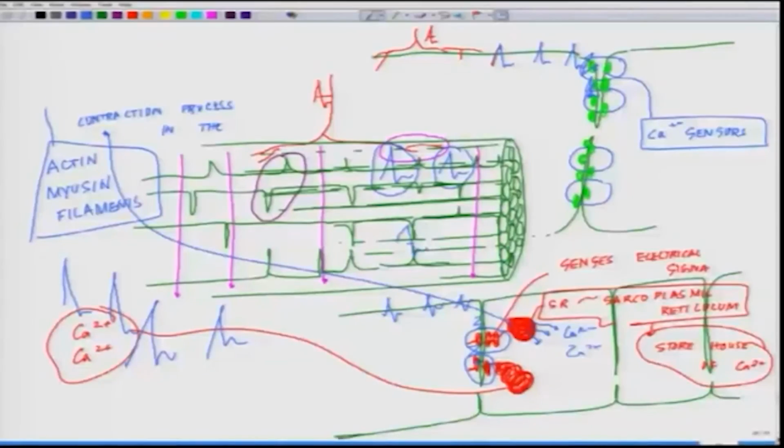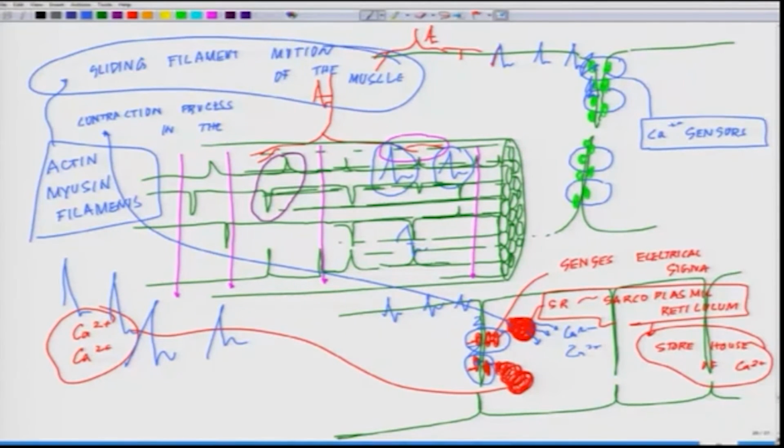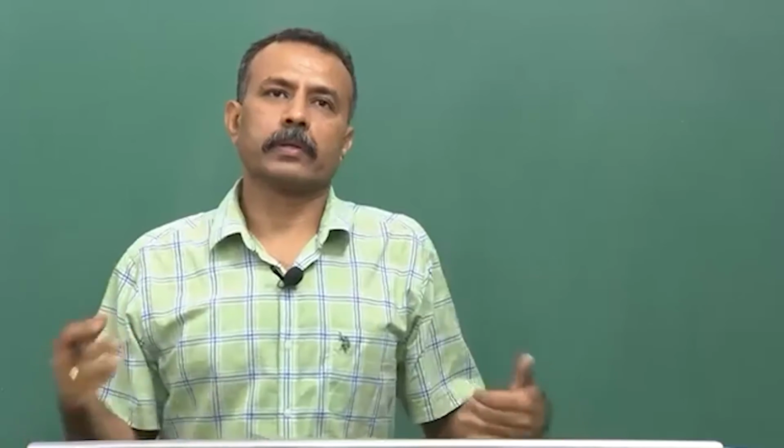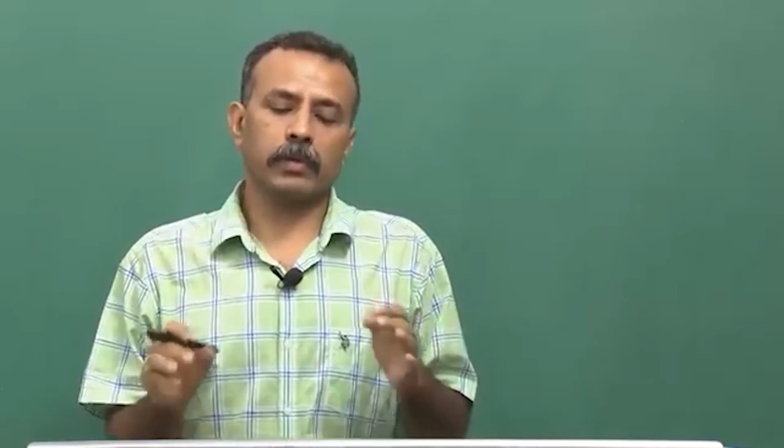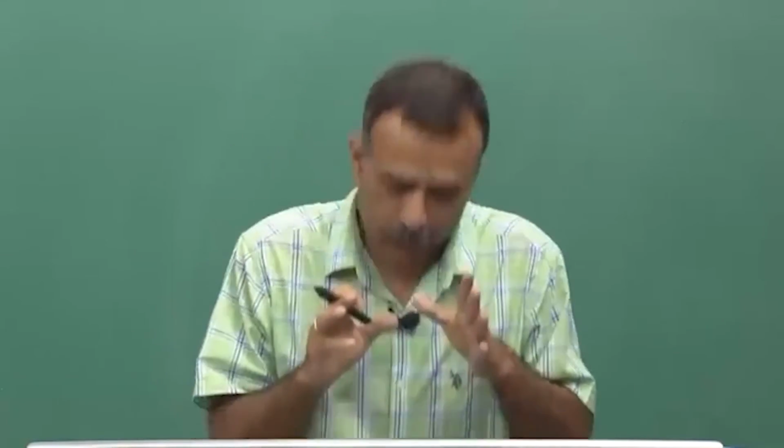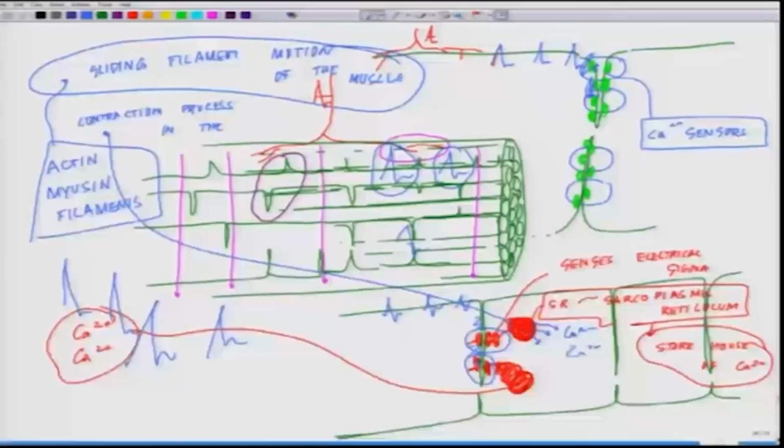So, this leads to what we call the sliding filament motion of the muscle. If you remember, when we talked about muscle, we talked about this sliding filament motion of the muscle, where this sliding happens, and this calcium spike comes from here.